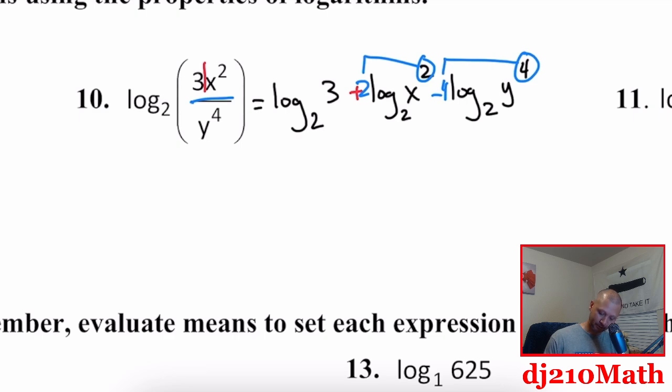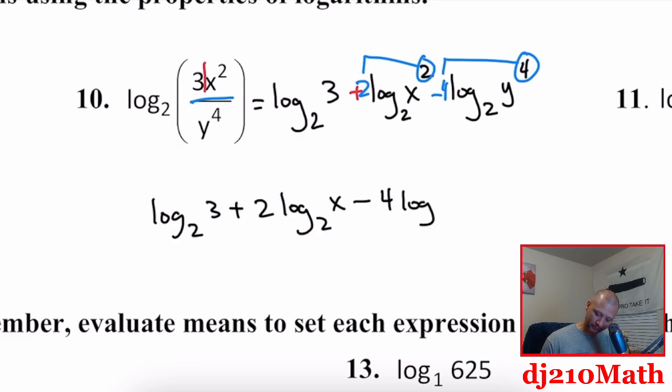So final answer, if you want to rewrite it one more time, I guess, but really you could just leave it like that, to be quite honest. 2, 3. Anytime you rewrite, you run the risk of writing something wrong. I mean, you see my videos. Log 2 y. Final answer.